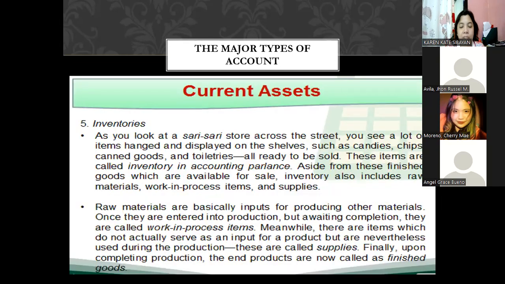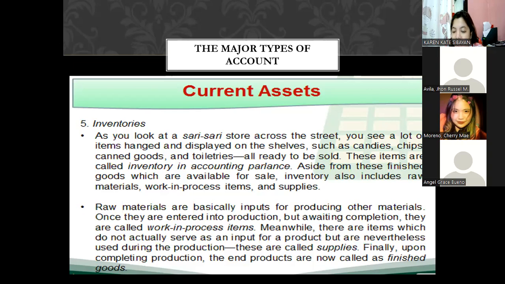Okay? Anyway, another current asset is the inventory. As you look at a sari-sari store across the street, you see a lot of items hanging displayed. These are what you call inventory in accounting parlance. And aside from these finished goods which are available for sale, inventory also includes raw materials, work in process items, and supplies.